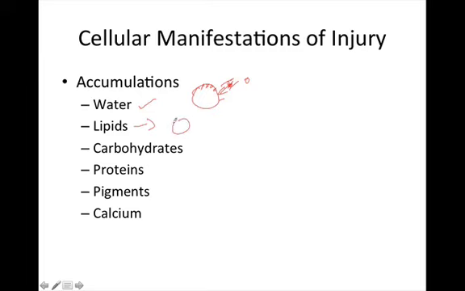If you look at cells that have massive lipid accumulations, you're going to see a lot of these white blebs or blobs of fat. As these cells break down, fats are released and they accumulate. Carbohydrate accumulation, you tend to see in certain disorders, for example long-term complications of diabetes and so on, which we'll talk about later on.